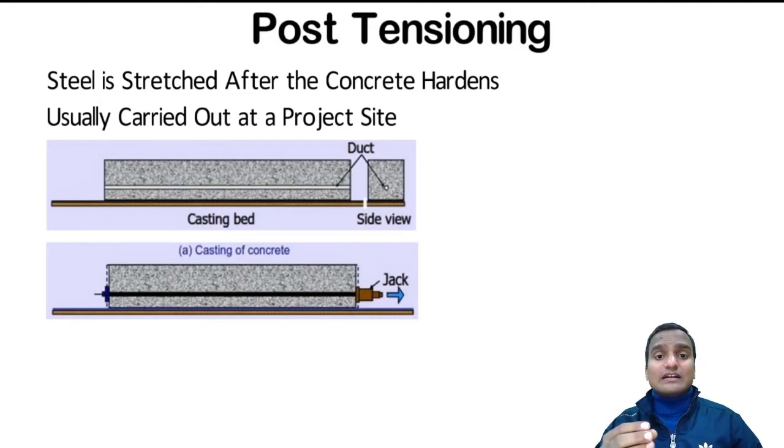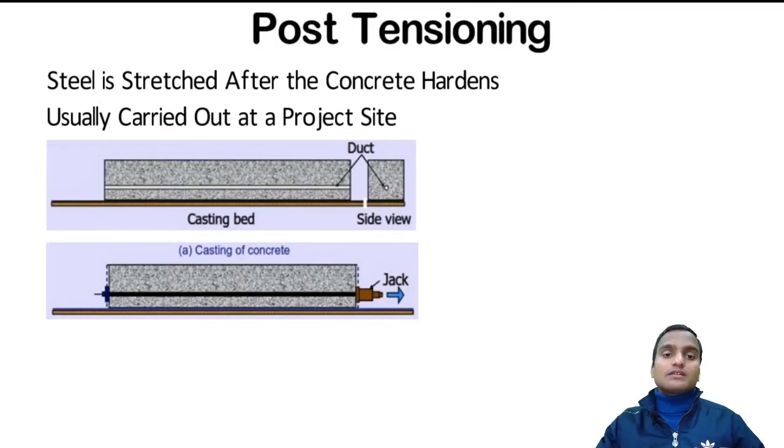Through these ducts we pass the tendons after the concrete is set, and we apply a jack at the ends, and then we screw it so that the tendon is stretched. So this is how post-tensioning is done.